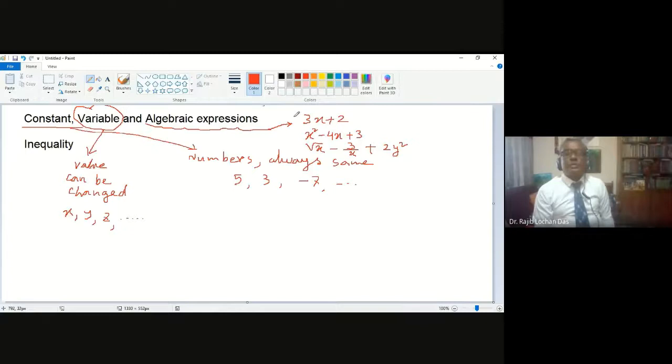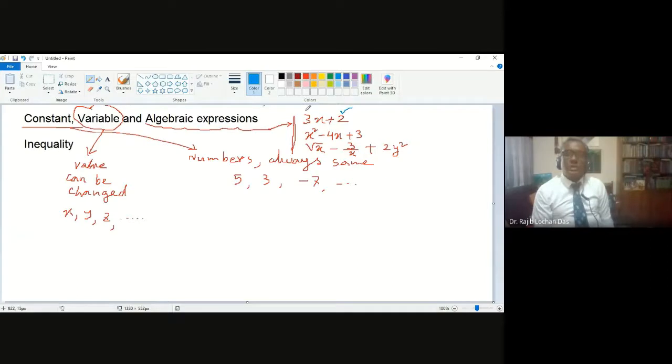So an expression will have some constant and variable together combined with operators. We call plus an operator, minus an operator, and square, root over, this kind of operators. So in the expression, if you see 2, then 2 is constant, it is always 2.